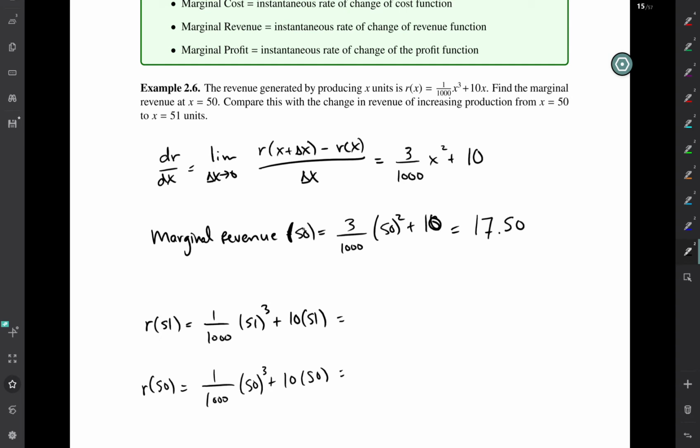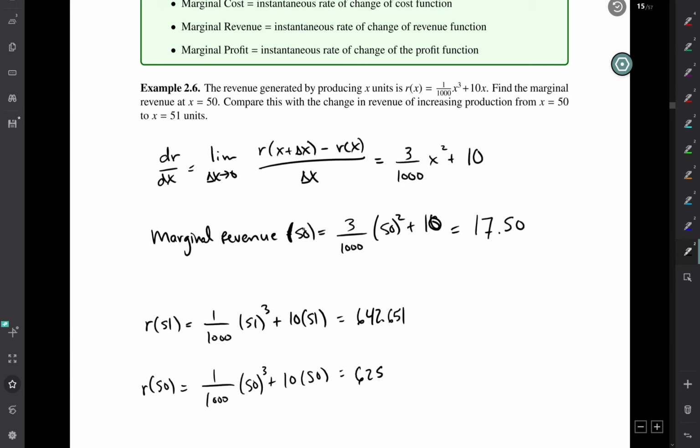We got 625 for R of 50. And when I plug in 51, I get 642.651.